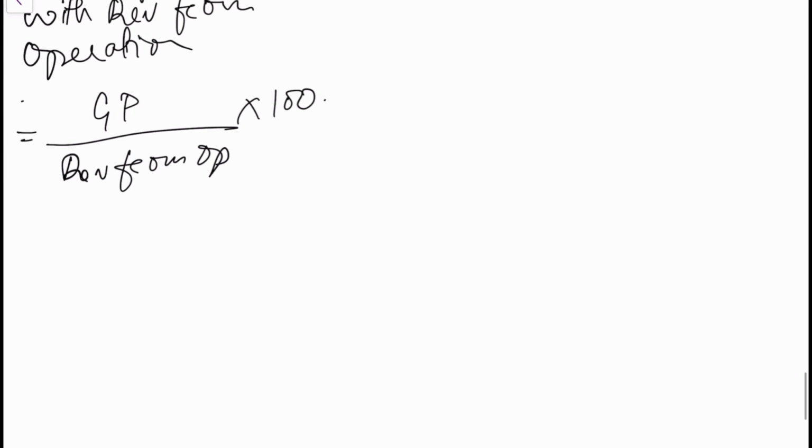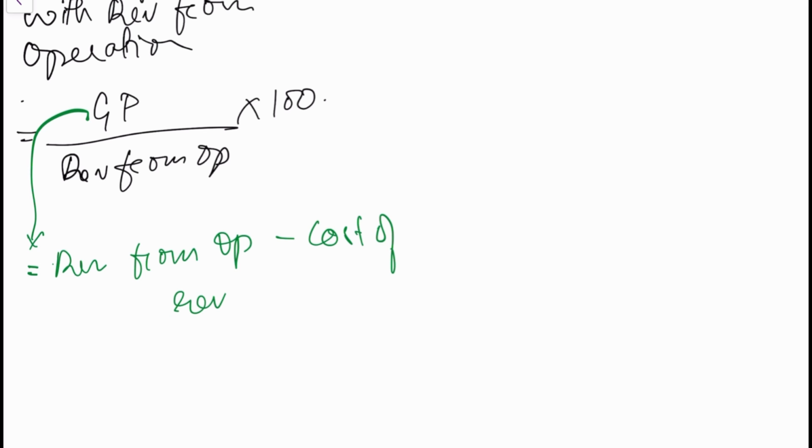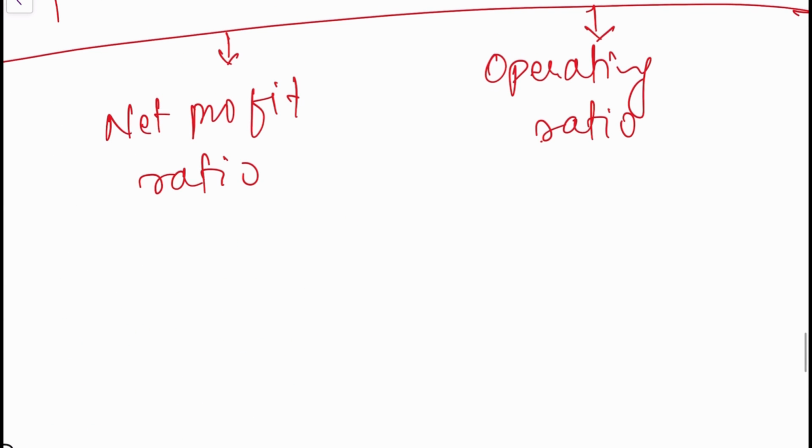So here gross profit is equal to revenue from operation minus cost of revenue from operation, or we can say cost of goods sold.